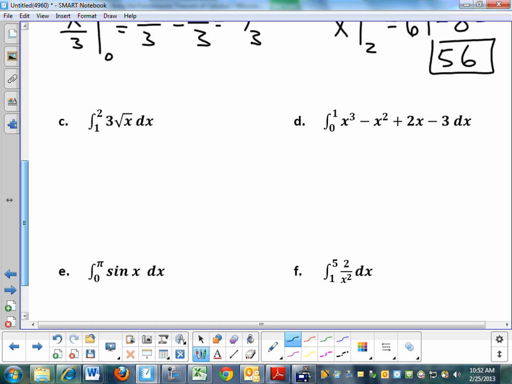So this is 3x to the 1/2. So if I want to find an antiderivative, I increase the exponent by 1, which is 3x to the 3/2 over 3/2. So you would have 6 over 3, which is 2x to the 3/2, evaluated at 2 and 1.